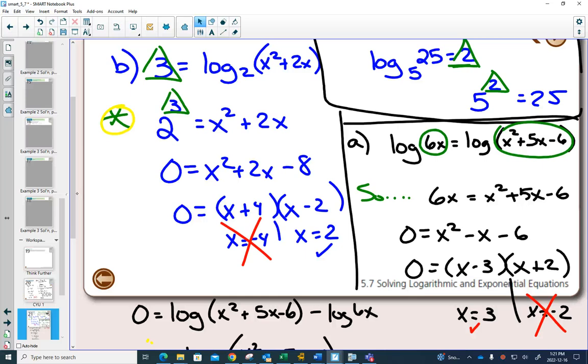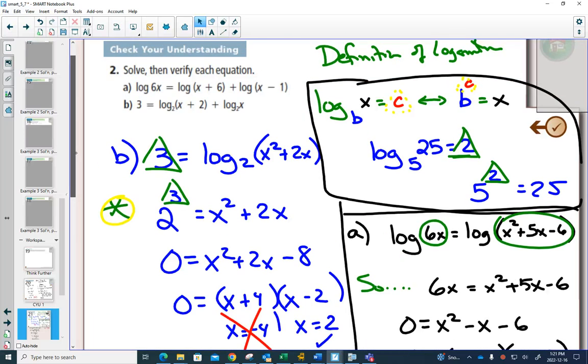You might get tempted to think, oh, if I get a negative answer, I should cancel it out. That is not true. In fact, I could make an example with 2 negative answers that both work. I could make an example with 2 positive answers that both don't work. I could make an example where the positive one doesn't work and the negative one works. You always, always have to take those and go back to your original equation and plug them in.